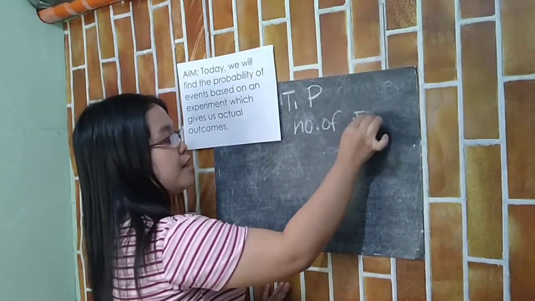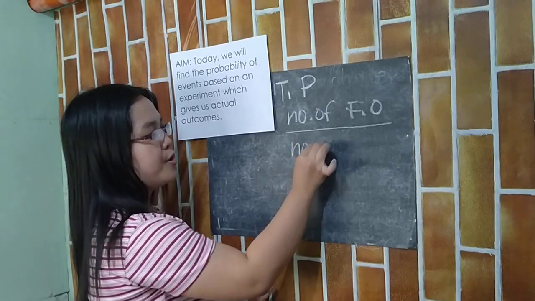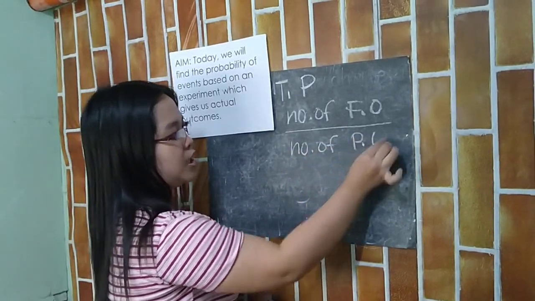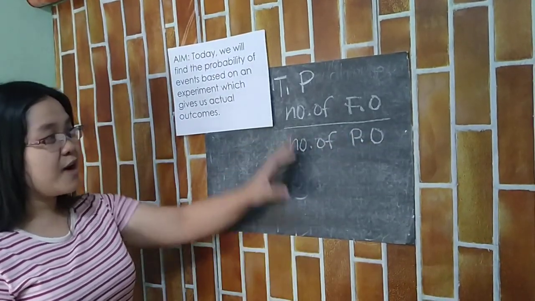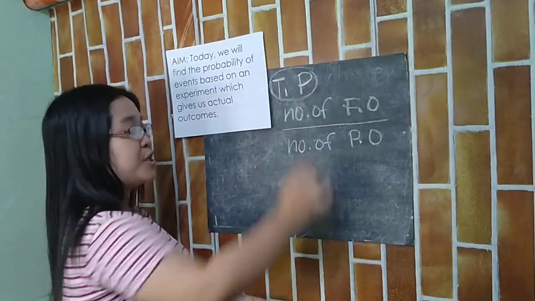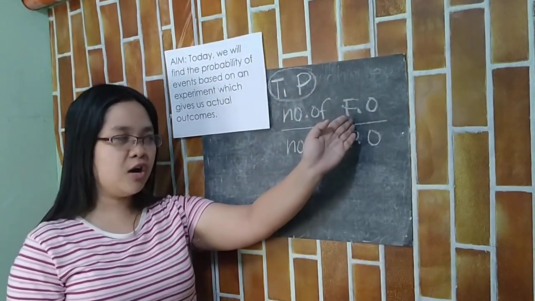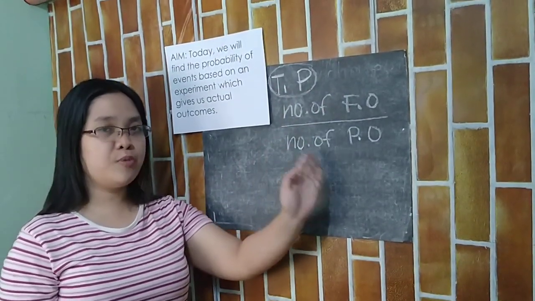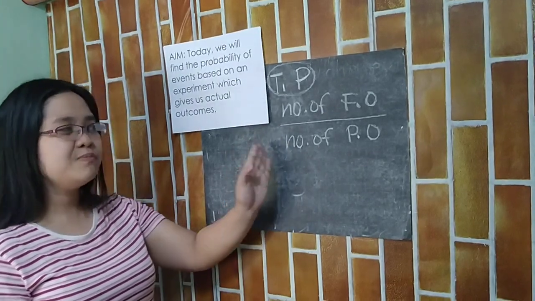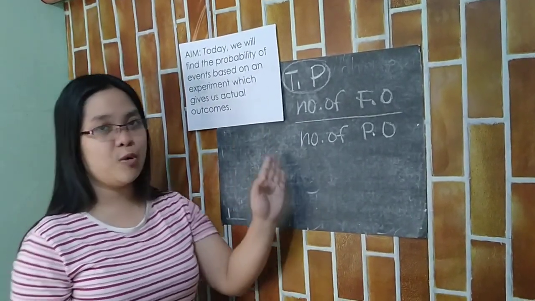Number of favorable outcome over number of possible outcome. Take note that you have to follow this when you are asked to get the theoretical probability, because it is just based on the premise that all events are equally likely to happen.